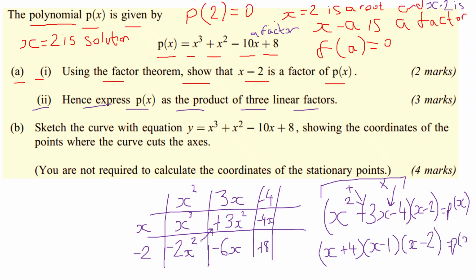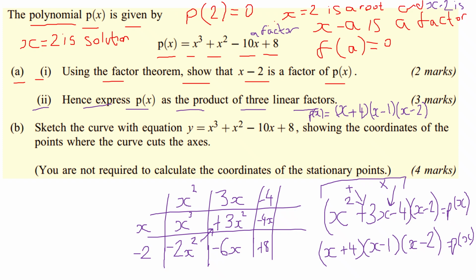That's part a(ii) now complete. So we get x plus 4 times x minus 1 times x minus 2, and that is a product of 3 linear factors. So if you're wondering, my roots will be minus 4, 1 and 2.